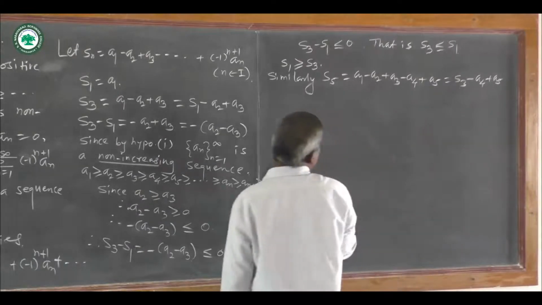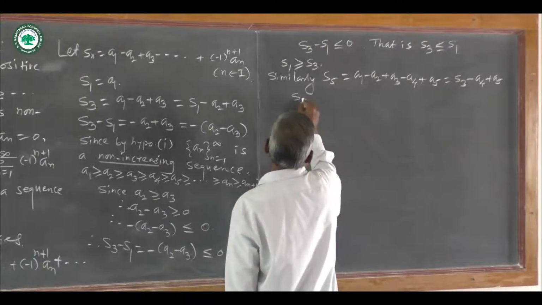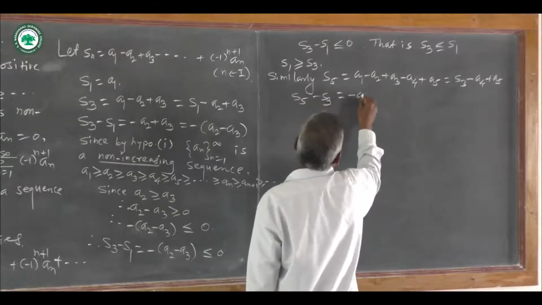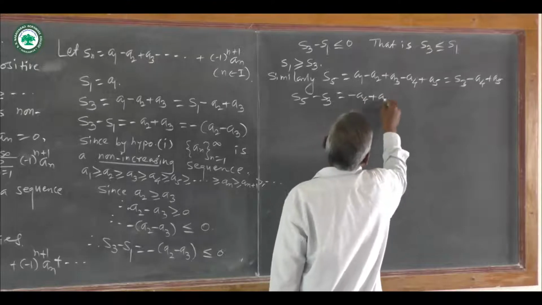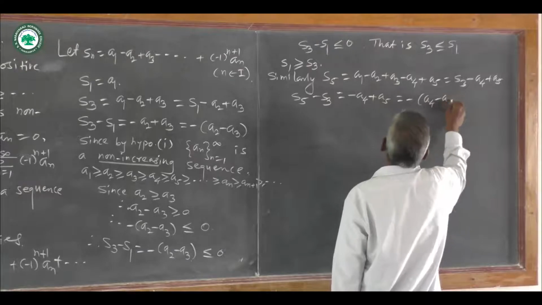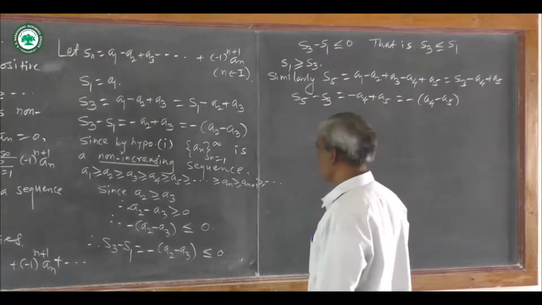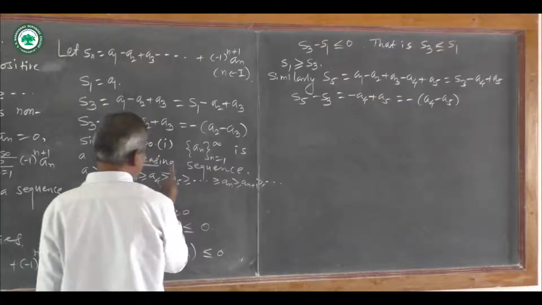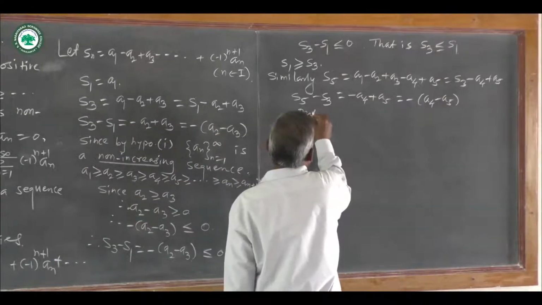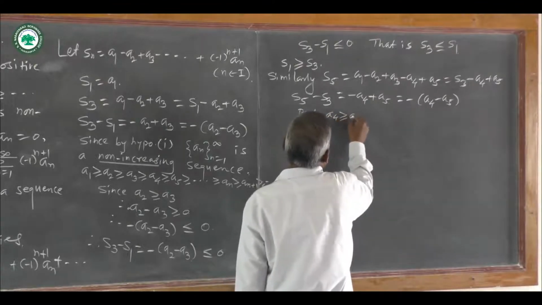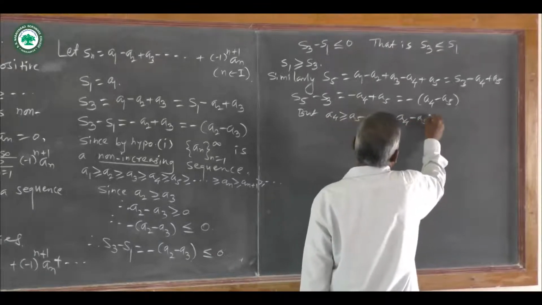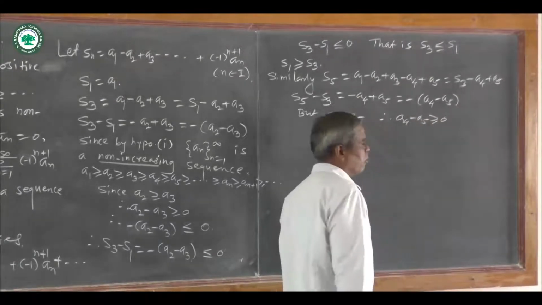Therefore, S5 minus S3 is equal to minus A4 plus A5, which is equal to minus times A4 minus A5. But A4 is greater than or equal to A5. Therefore, A4 minus A5 is non-negative, greater than or equal to 0.